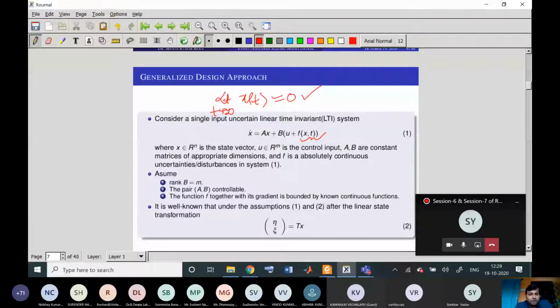But now we are going to show that using the sliding mode control strategy, it is possible to achieve asymptotic stability of a given system, even if the system is affected by matched disturbances.